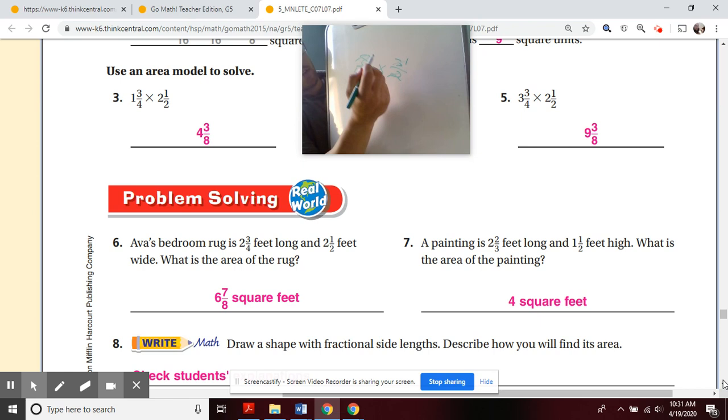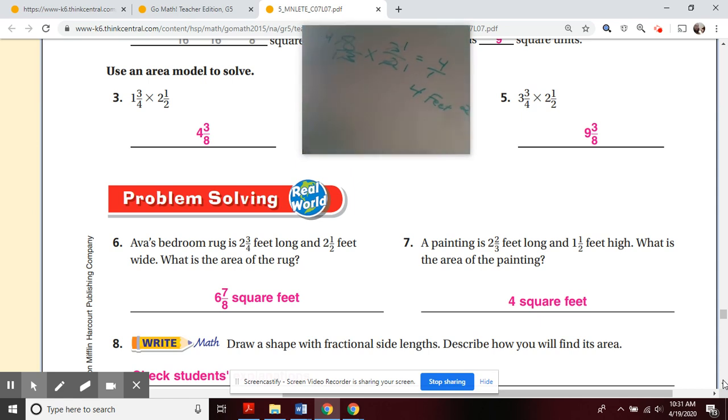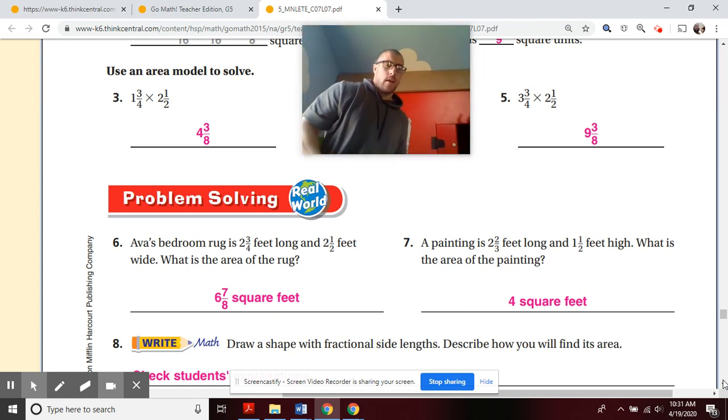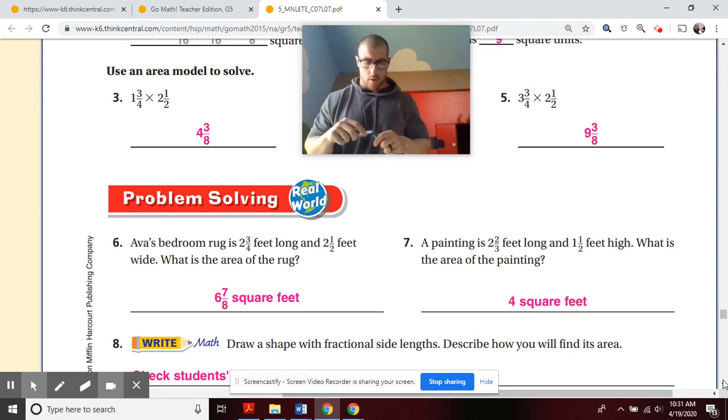Common factor of 8 and 2 is 2. 4 times 1 is 4. 1 times 1 is 1. So that is just 4 feet. And remember, area is always squared.